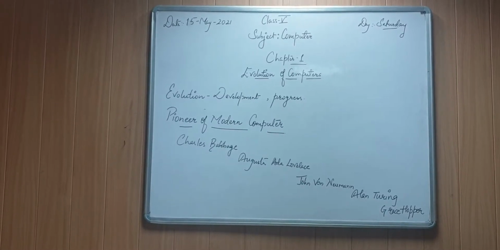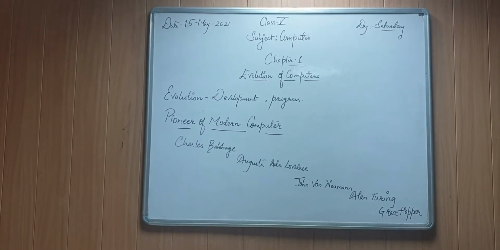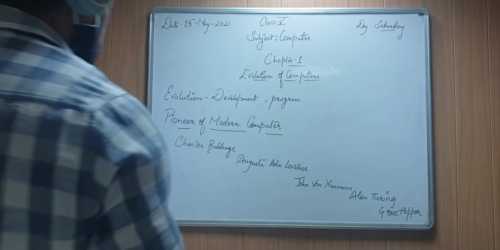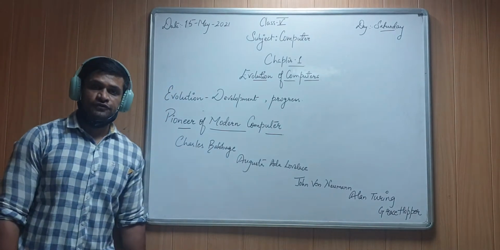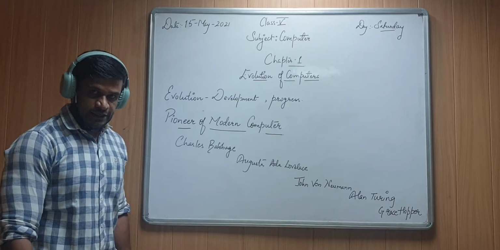After that, we had learned about the pioneer people of modern computers. Those people who had played an important role in the development of the computer which we see nowadays.